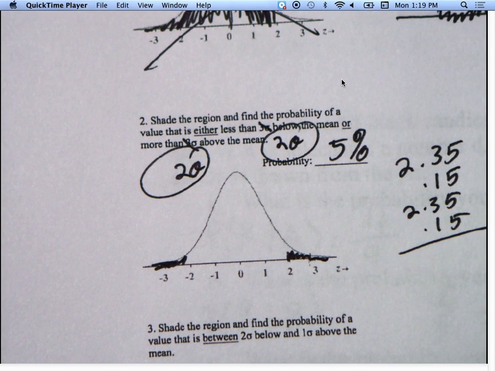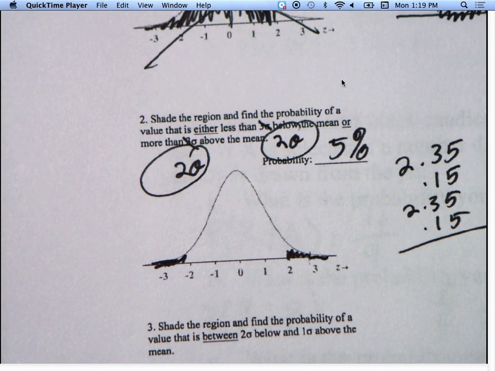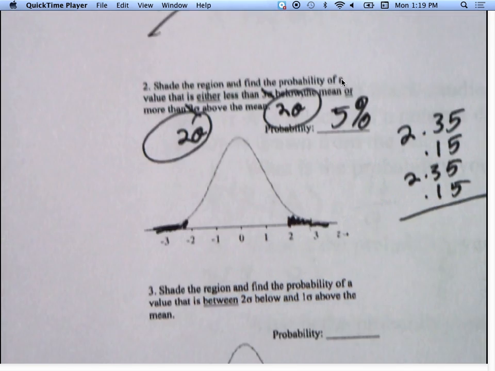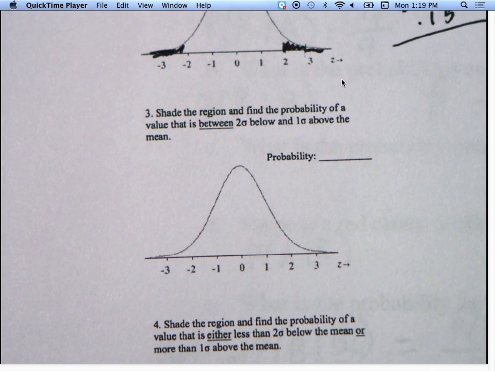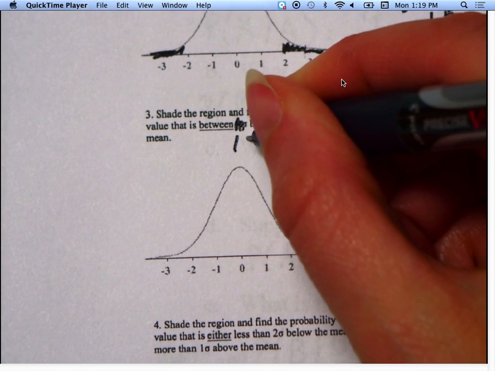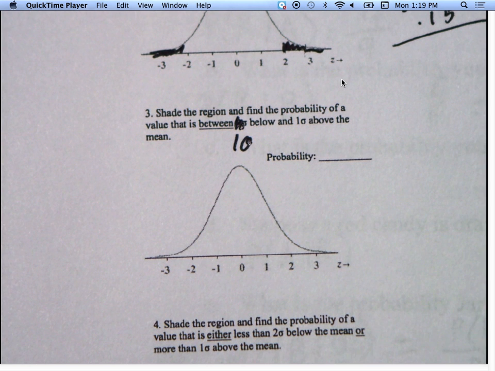Number 3. This should be 1 standard deviation. I want to shade the region and find the probability of a value that is between 1 standard deviation below and 1 standard deviation above.